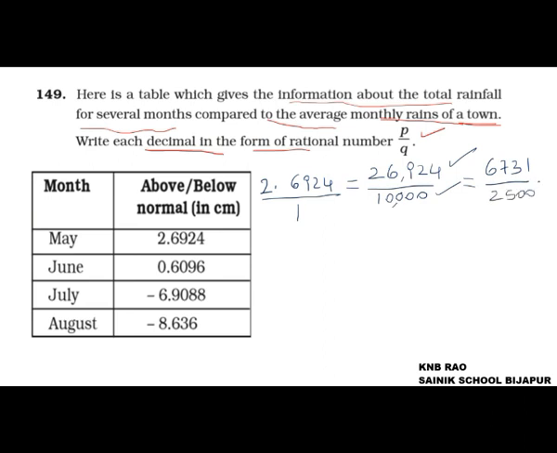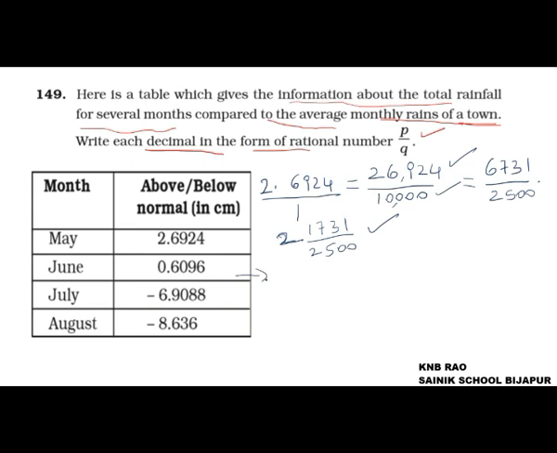This is simplest form in P by Q form. Or in mixed form, if you want to write, 2 integer 1731 upon 2,500. This is how we write in mixed form. So, rest of the things will convert one by one.